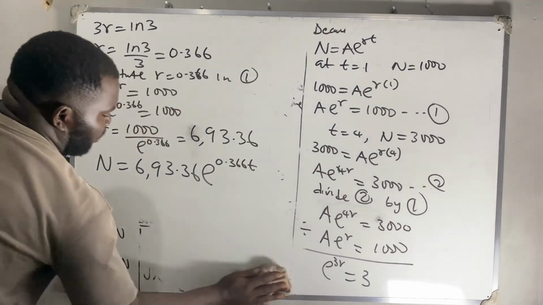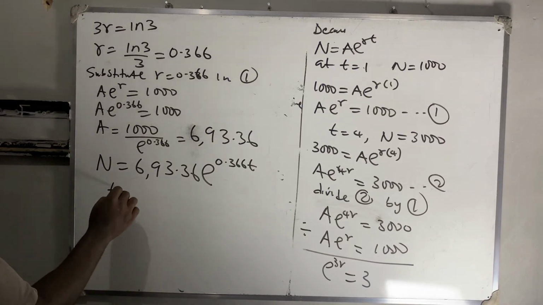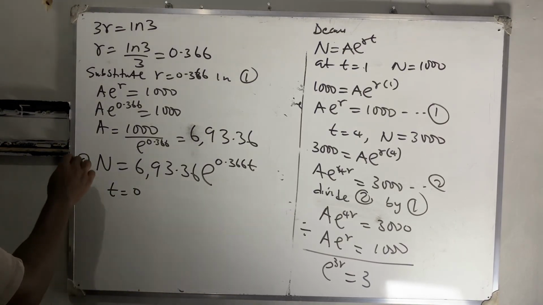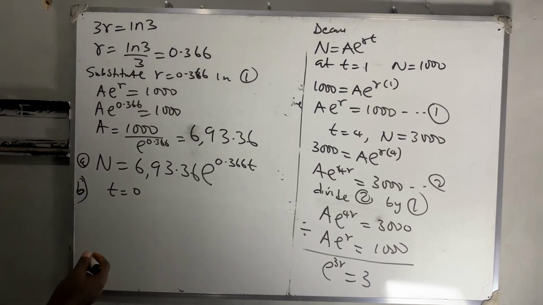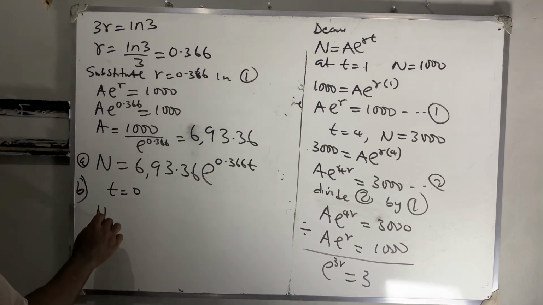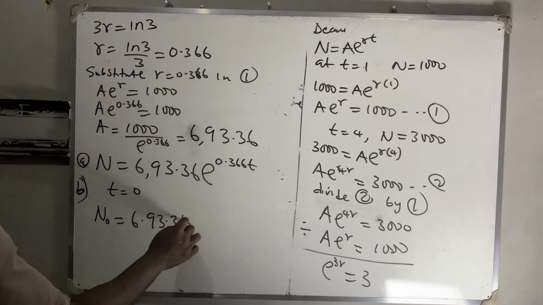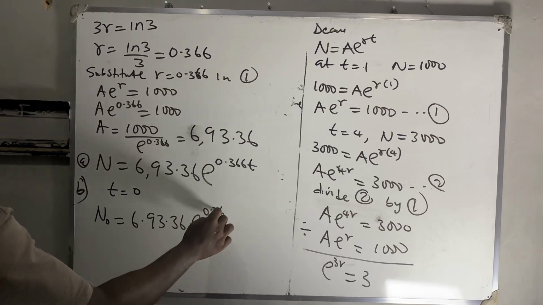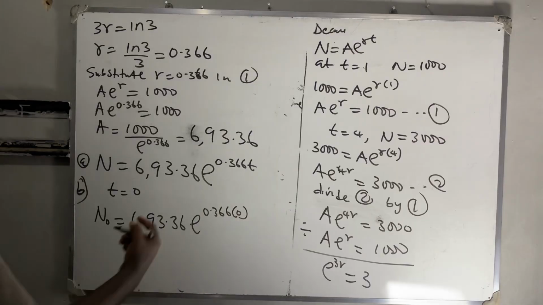From the expression, we can now get the initial population. Part B says we should get the initial population of the bacteria. The initial population here is when t is 0. Therefore, N naught is equal to 693.36 e^(0.366 times 0). Anything multiplied by 0 is 0, and anything raised to the power 0 is 1.